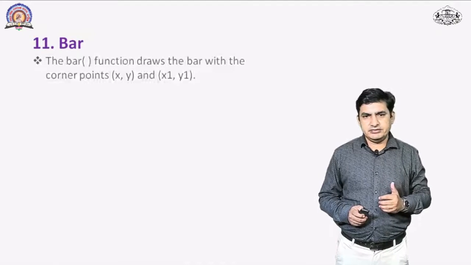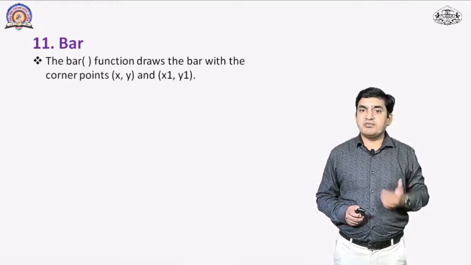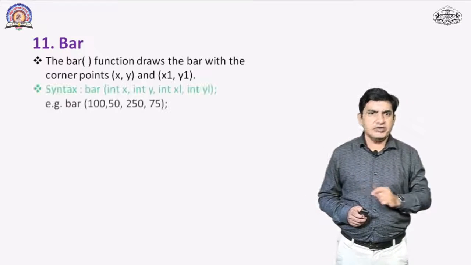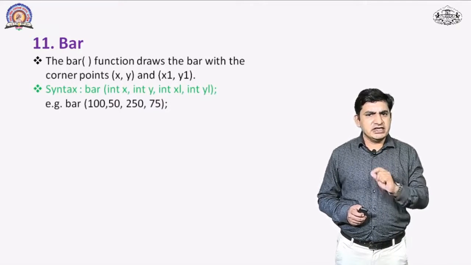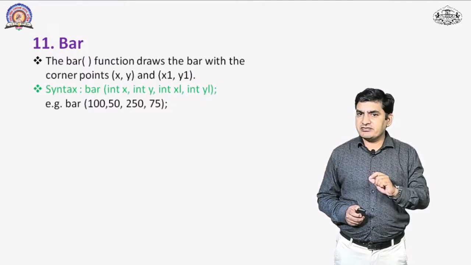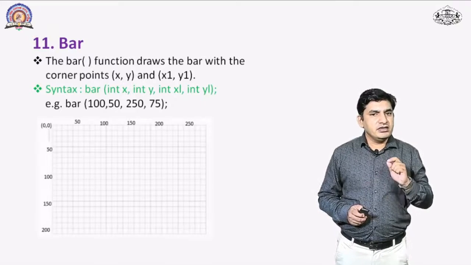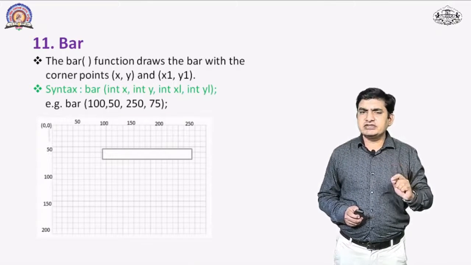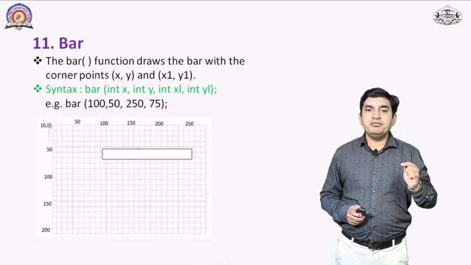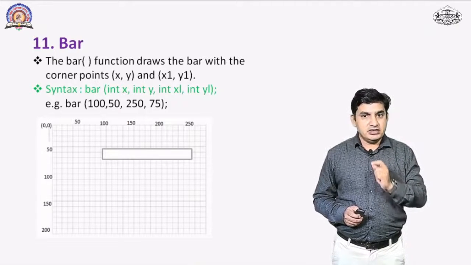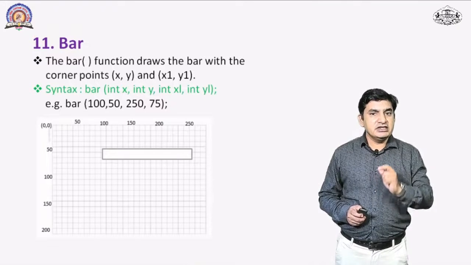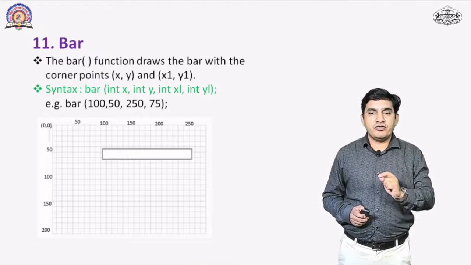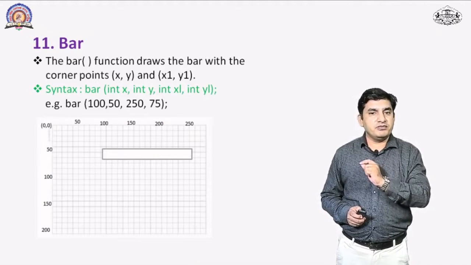Now, bar. The bar function draws the bar with the corner point x, y and x1, y1. Syntax is bar(integer x, integer y, integer x1, integer y1). Here 150 is the coordinate of the left top point, and 250, 75 are the coordinates of the bottom right point.